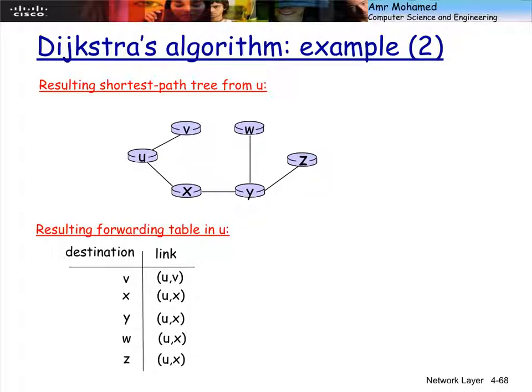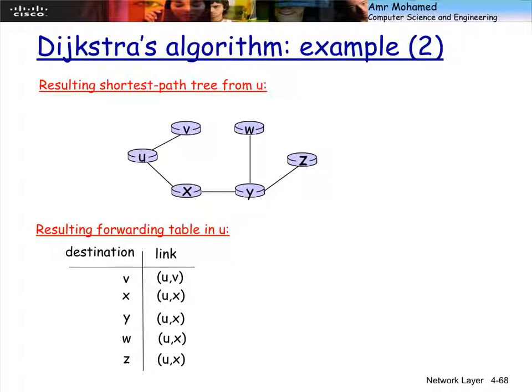So when I calculate the shortest path tree, chances are all the other nodes will calculate the same shortest path tree, because we have a global view, and this global view is supposed to be consistent. And as we will see, there is some limitation with this. All right, so the procedure is systematic.